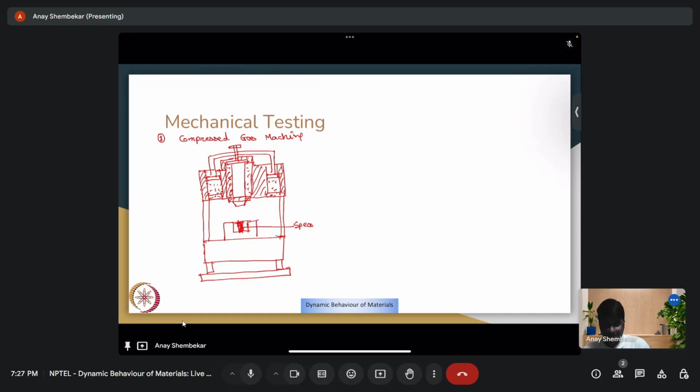The specimen undergoes compression. It's placed on a machine handle.